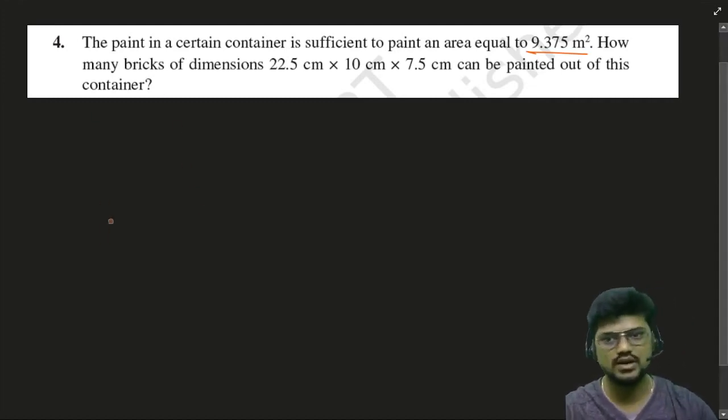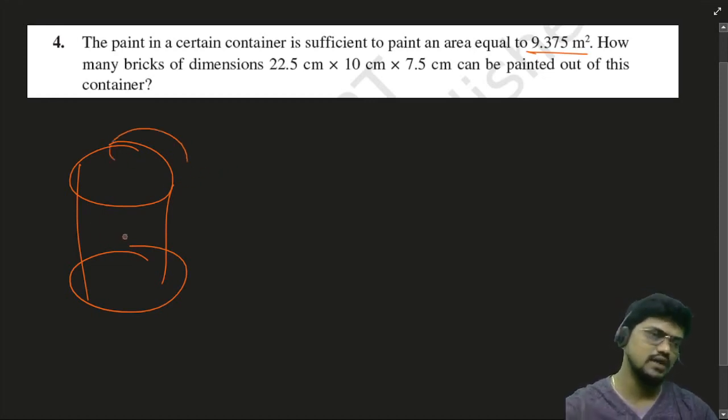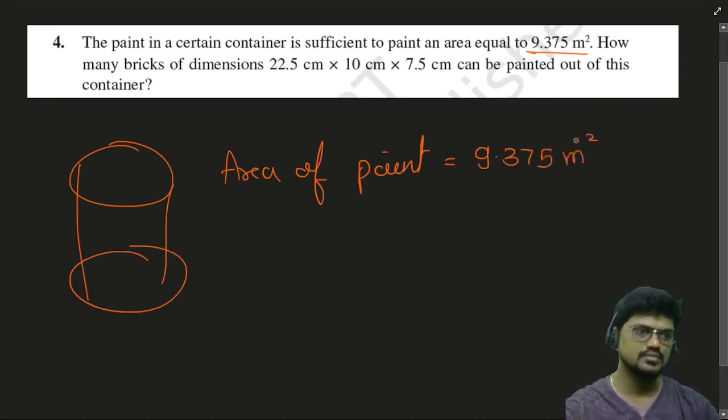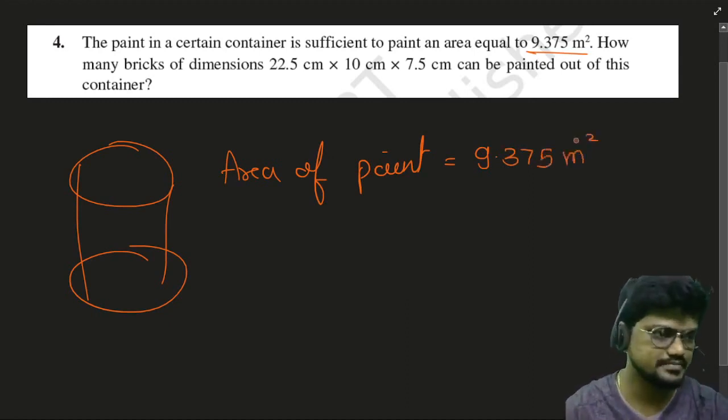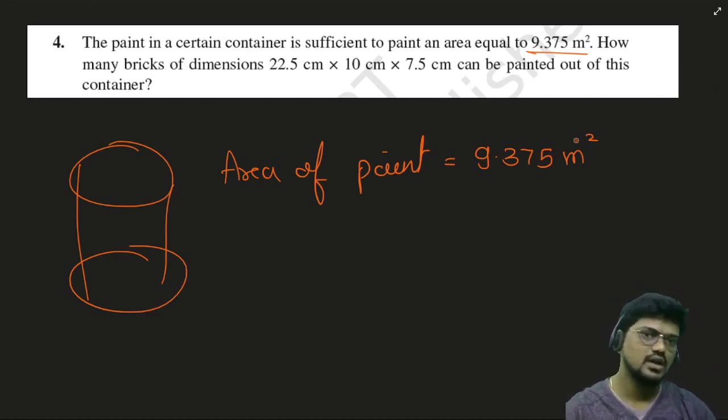Suppose this is your container, and the paint which you have in it can cover an area of 9.375 meter square. Now how many bricks of this dimension can be painted out of this container?